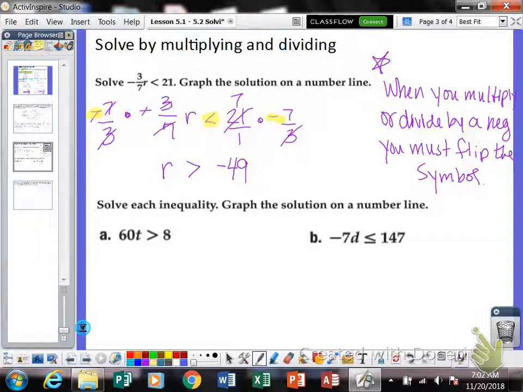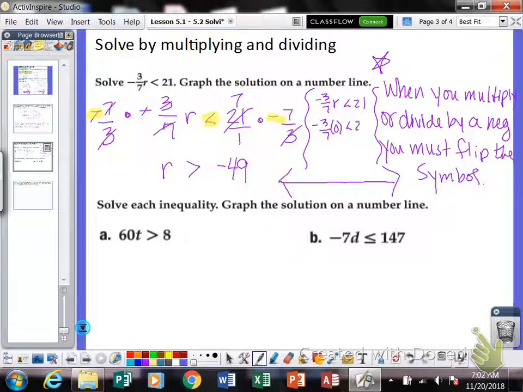And then when we graph it, first we should check it. So pick a number greater than negative 49. An easy number to work with is 0. If you can use 0, always try to use 0. When we check this, negative 3/7r should be less than 21. So negative 3/7 times 0 should be less than 21.